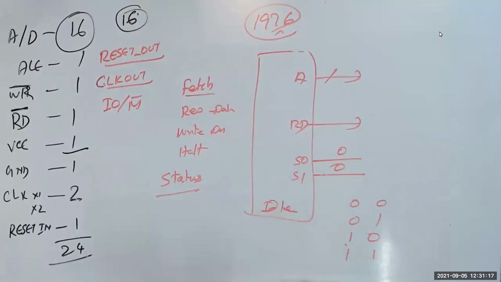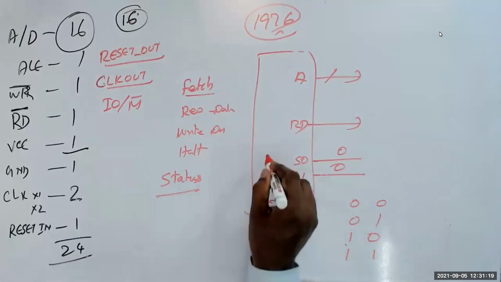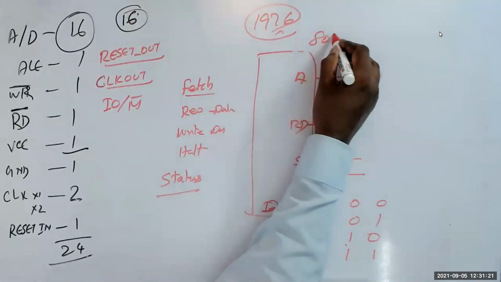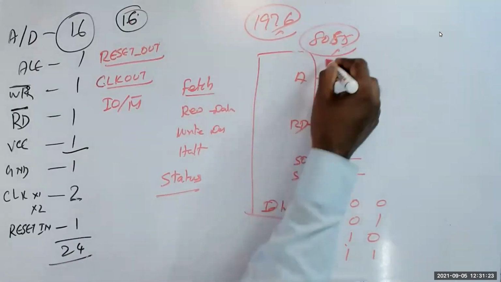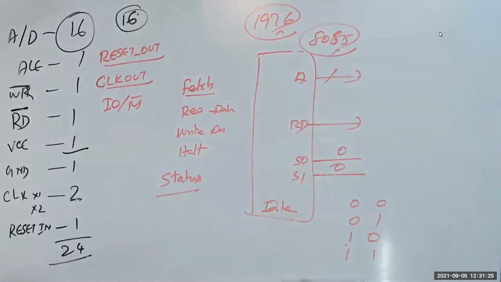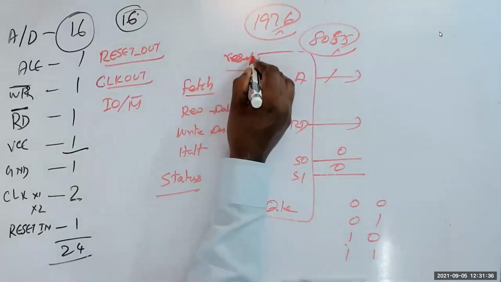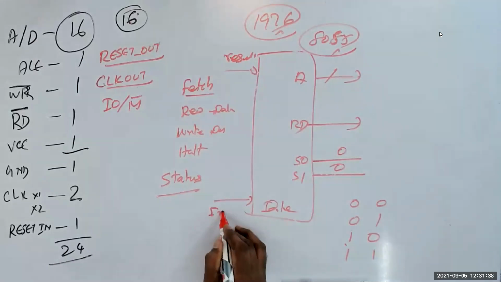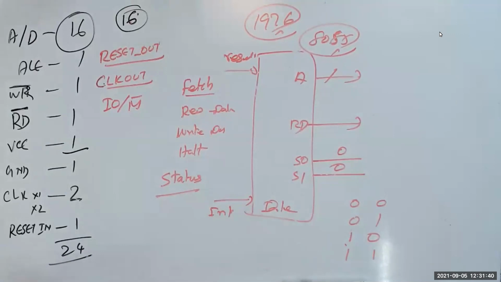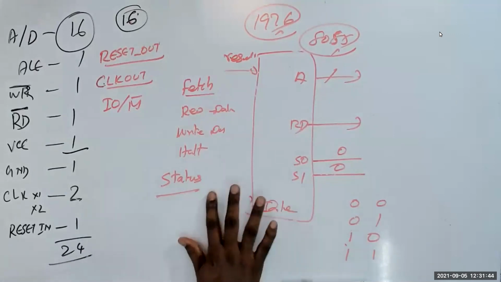I'm not doing anything. Please understand, there is a state in the 8085 where you can put the processor into halt mode. If you want to wake it up, you give either a reset or an interrupt. Only two methods can wake up the processor. Otherwise, the processor stays in halt mode.